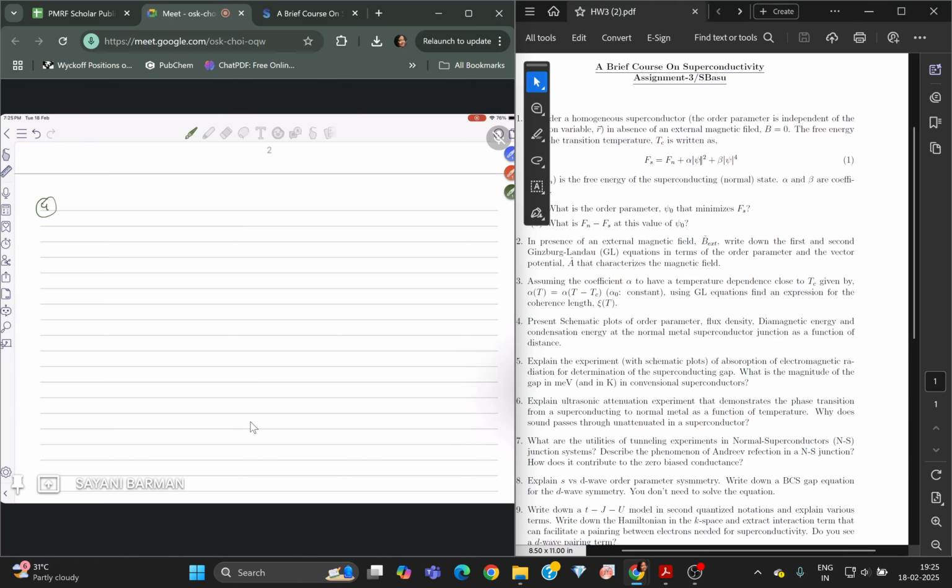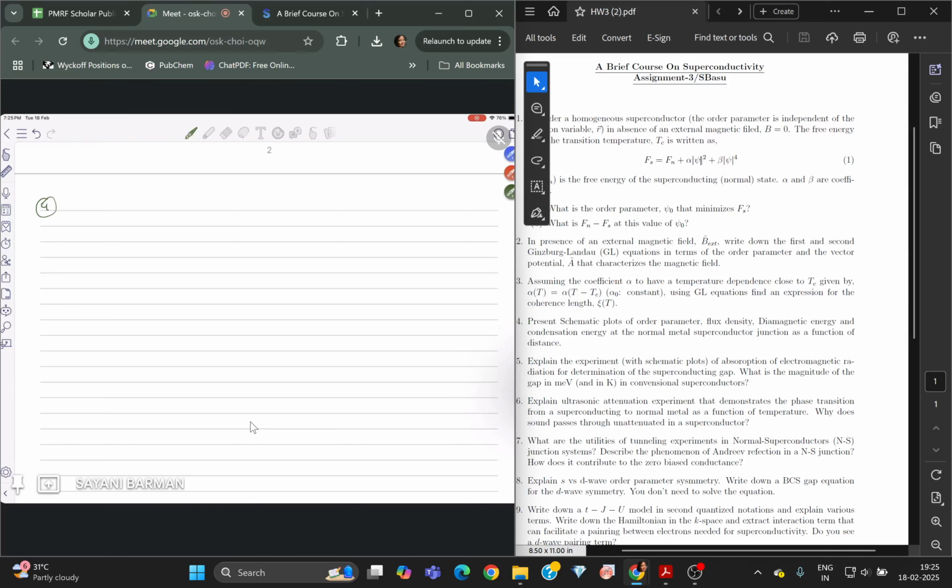The next question is: present schematic plots of order parameter, flux density, diamagnetic energy, and condensation energy at the normal metal superconductor junction as a function of the distance. Now, order parameter is psi, right? So psi changes from zero in the normal region to a finite value in the superconducting region.